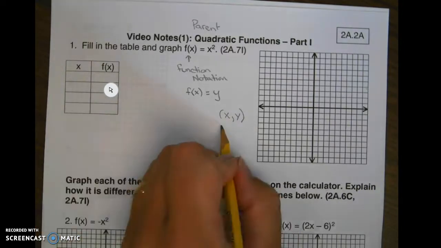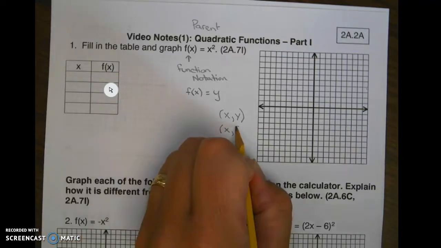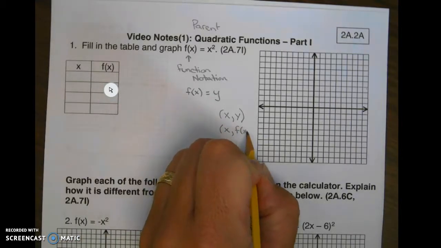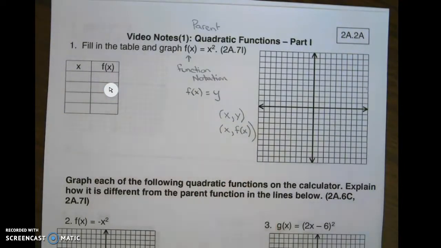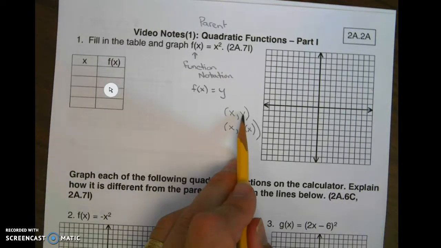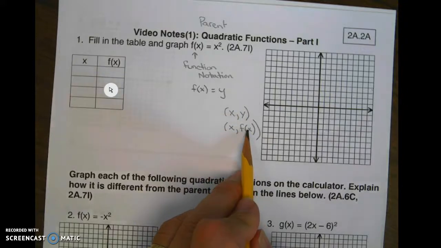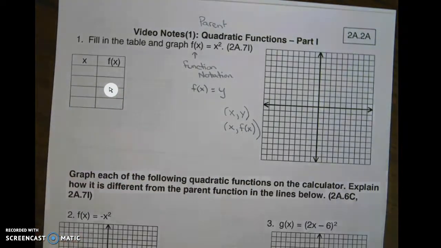We could write it like this: plot the x, and then the f of x to get to the point. So y and f of x are the same, they're equal. They're different notations. And remember, it doesn't have to be f, it could be g or h or p or q or any other symbol.